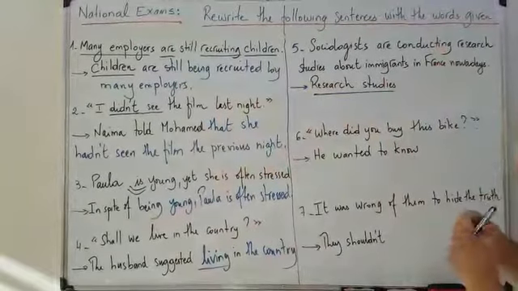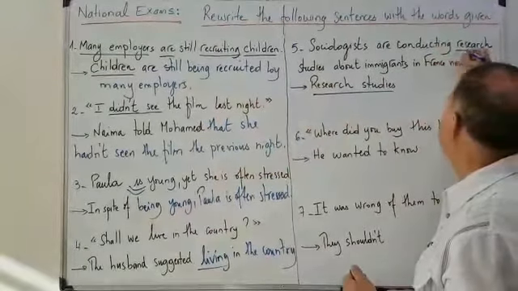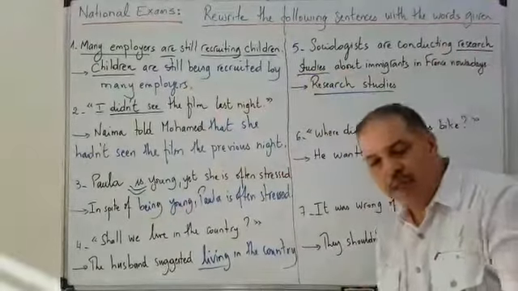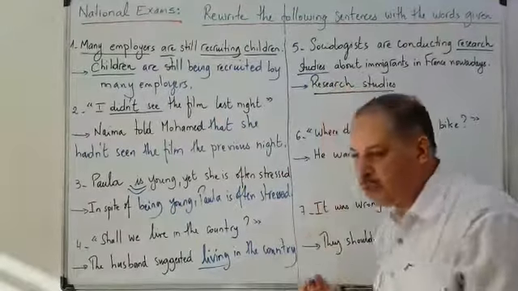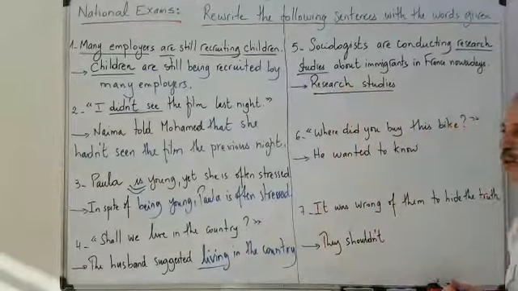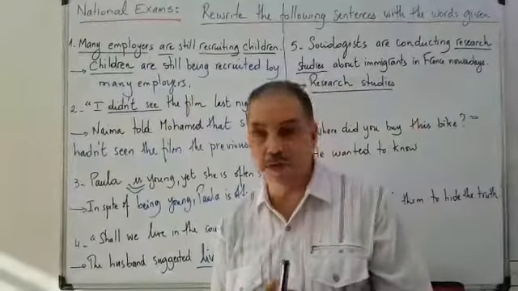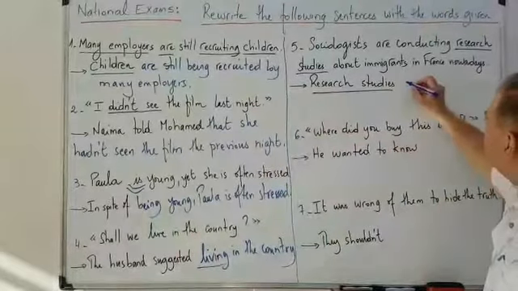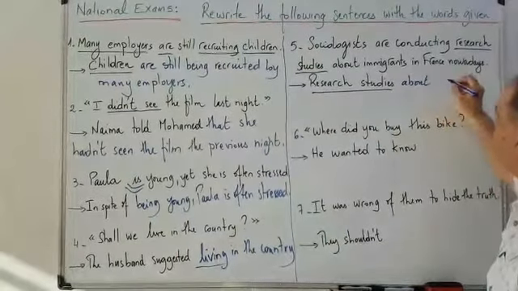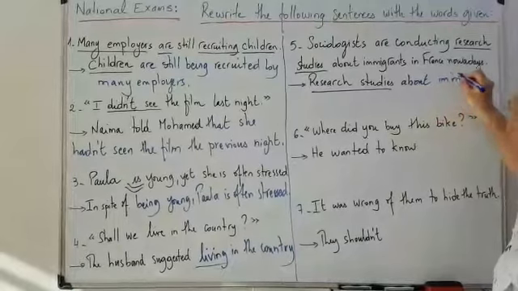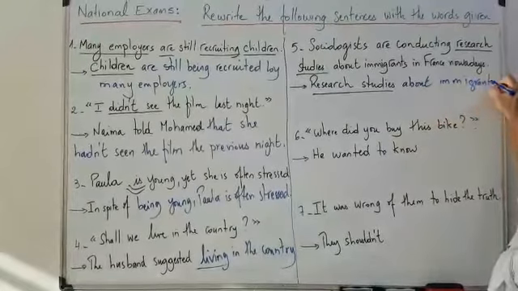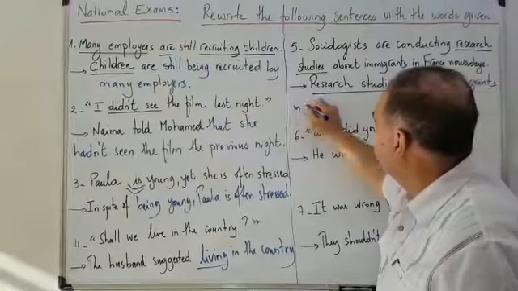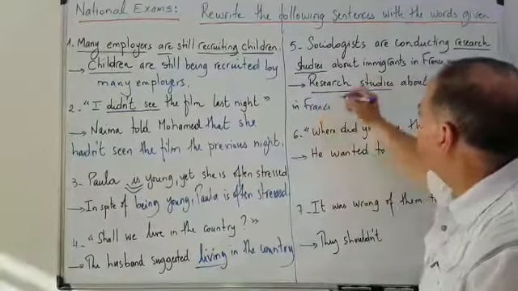We know that it is after the verb, so it is the object, and now we can talk about the passive voice. So it becomes research studies, and we can add about immigrants in France.